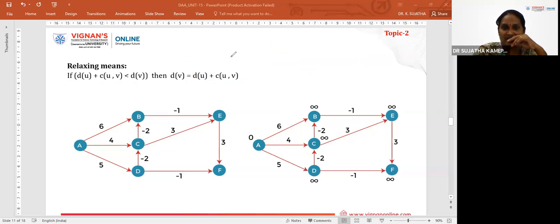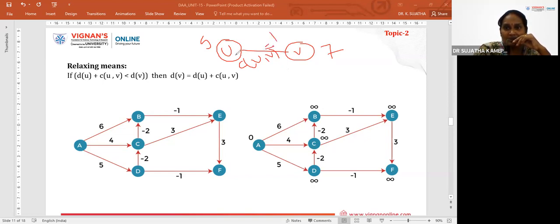Now, once again, u is a vertex. Let us say its distance is 5. v is another vertex. Let us say its distance is 7. Now, the cost of u comma v, which is nothing but the weight assigned to this particular edge uv, is 1. Now, the distance of u, 5, plus cost of u comma v, that is 1, is less than the distance of v.